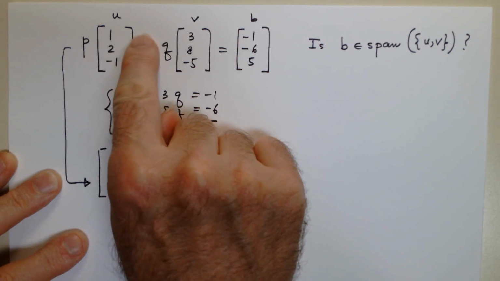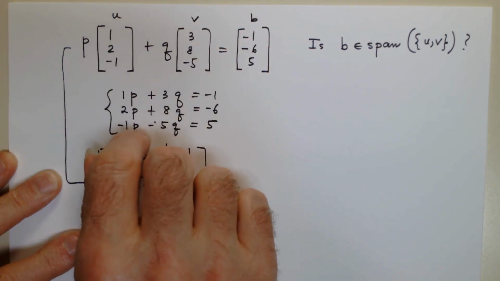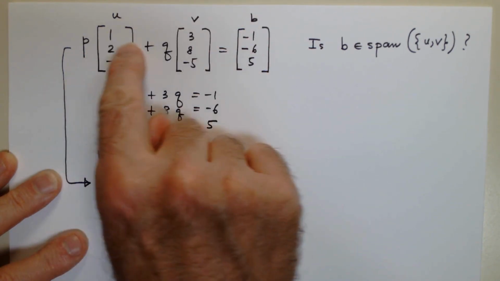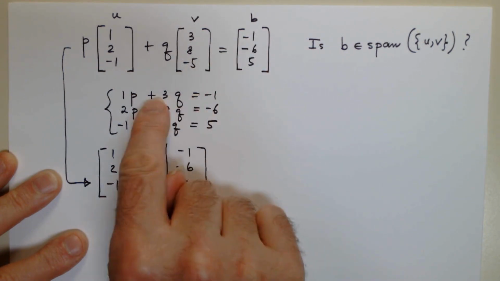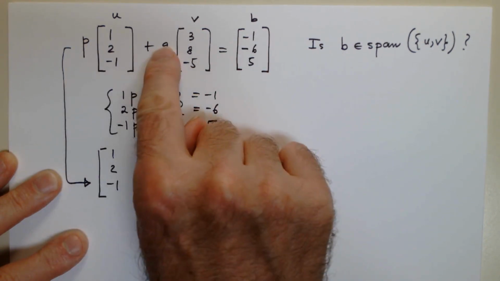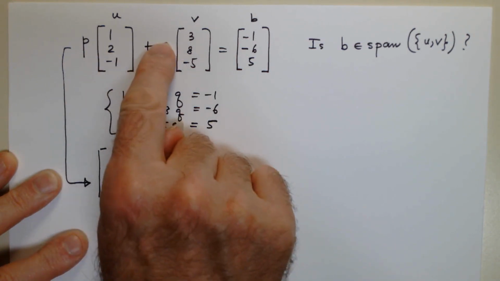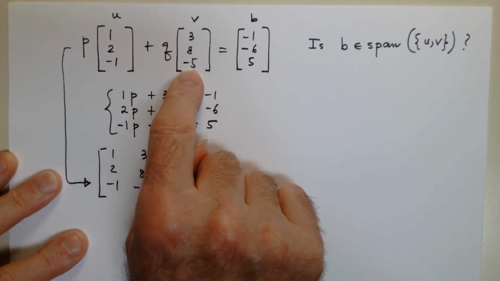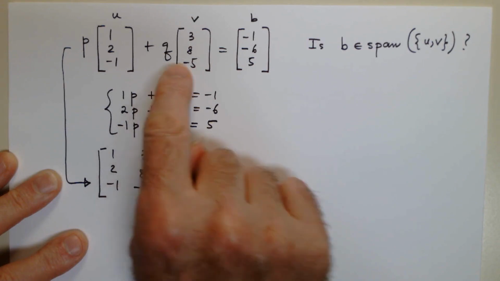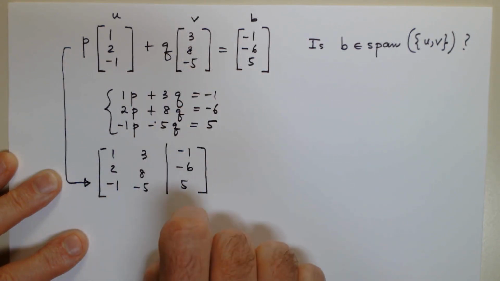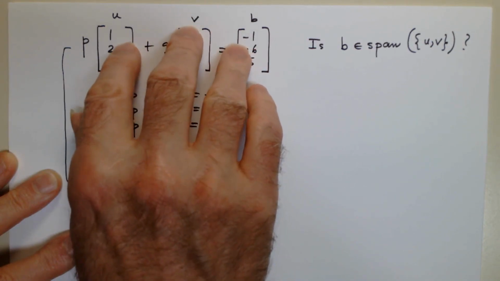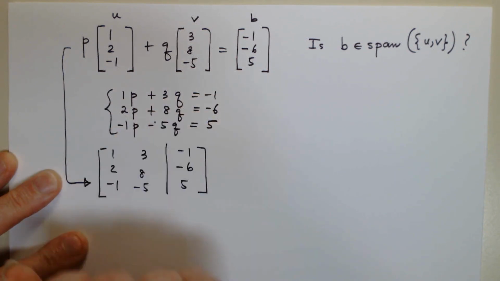By comparing first components on both sides of this equation, we can see that P plus 3Q equals -1, 2P plus 8Q equals -6, and negative P minus 5Q equals 5. So this has a corresponding system of equations associated with it.